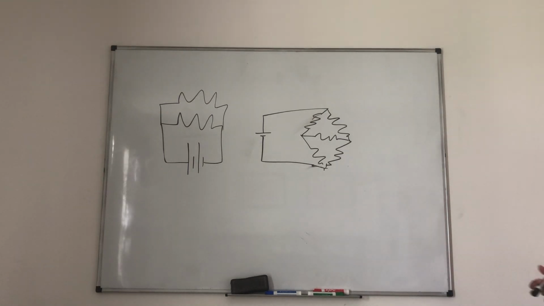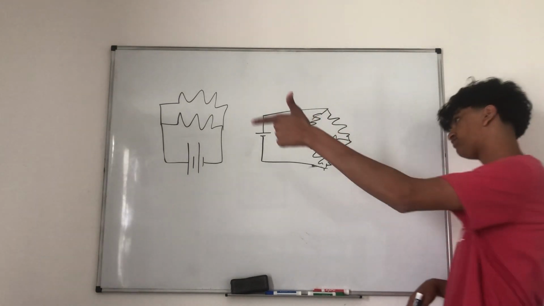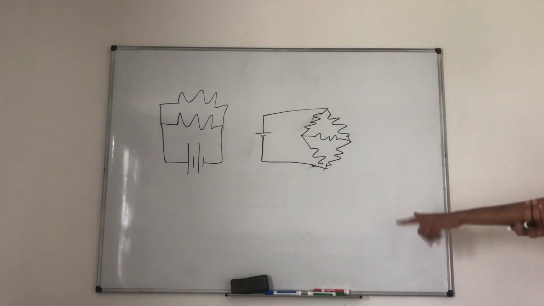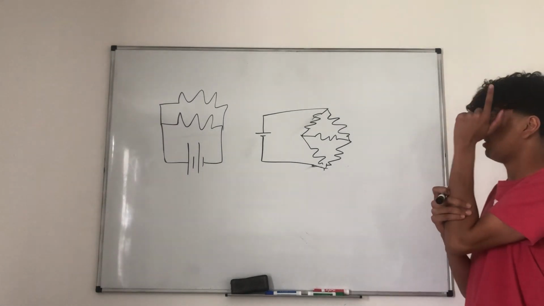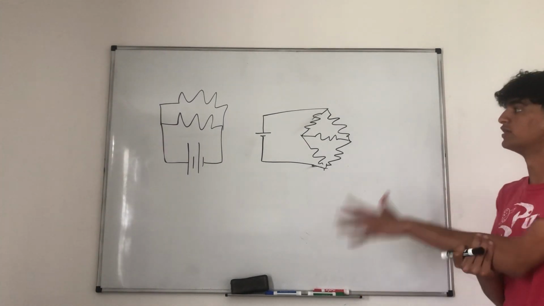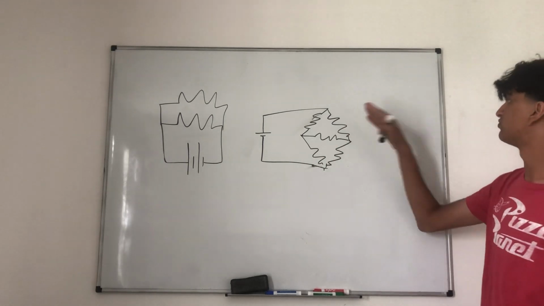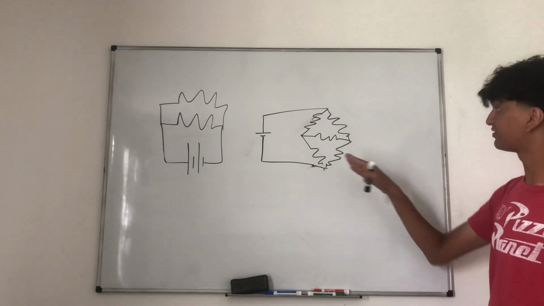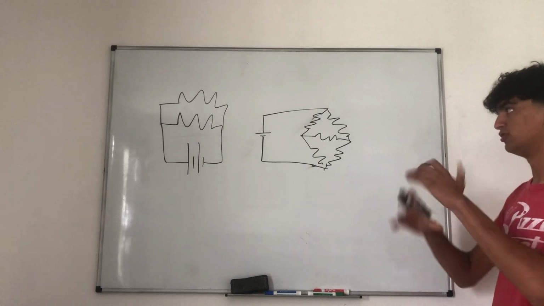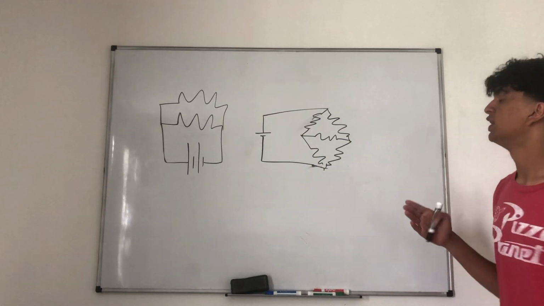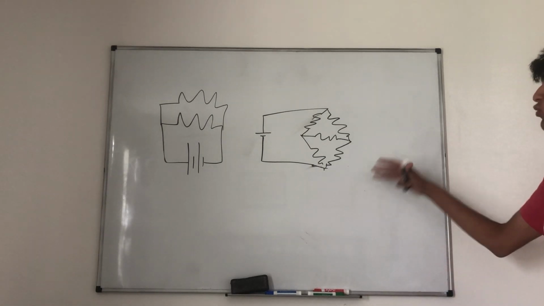Just understanding Ohm's law and resistors in series and parallel is not going to be the most helpful thing in the world to solve or understand what's the voltage across this one, what's the current across this one, what's the voltage across this one, given all the resistances. It may not be the most helpful thing in the world.